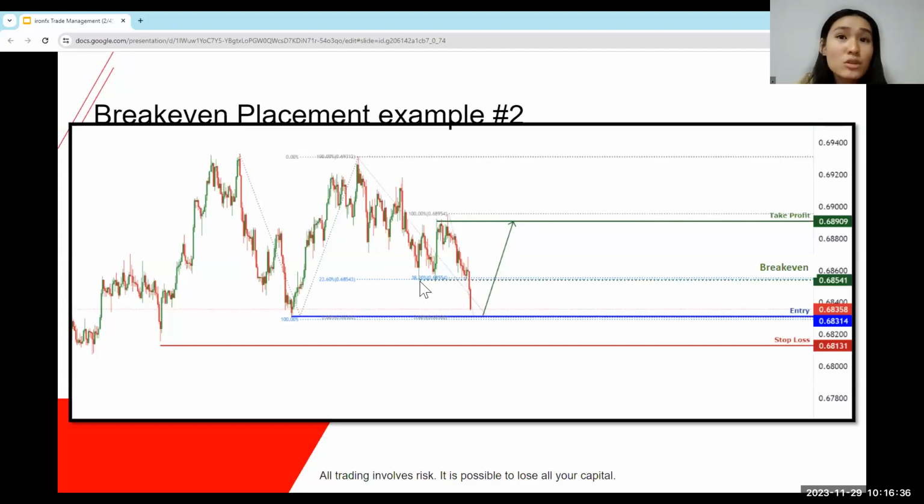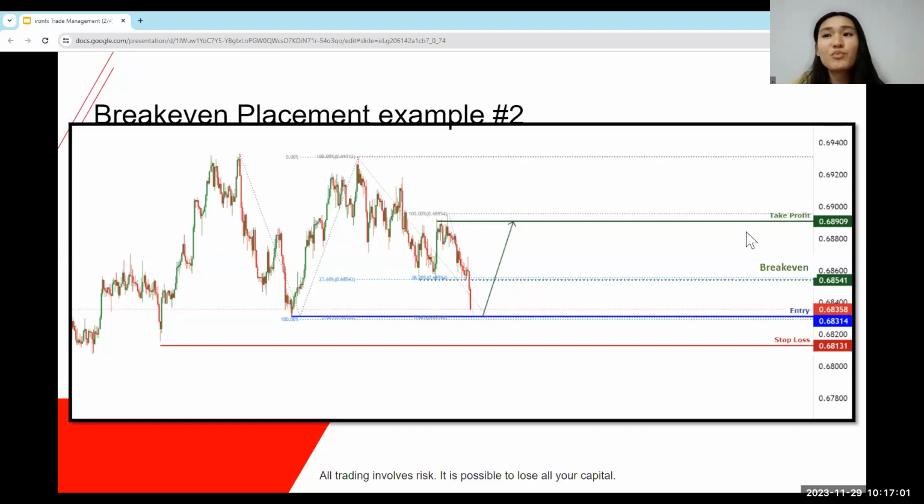So this makes it a pullback resistance level. This pullback resistance is in line with the 23.6% retracement, as well as another 38.2% Fibonacci retracement. So we have two levels lining up with a graphical level.